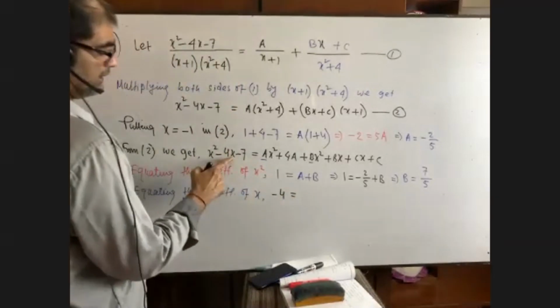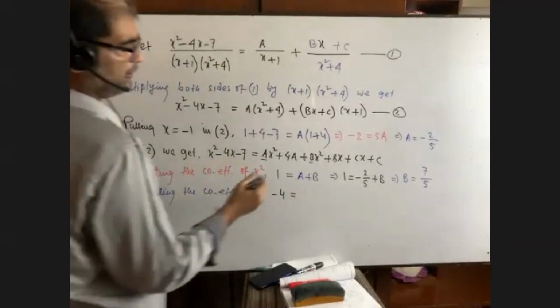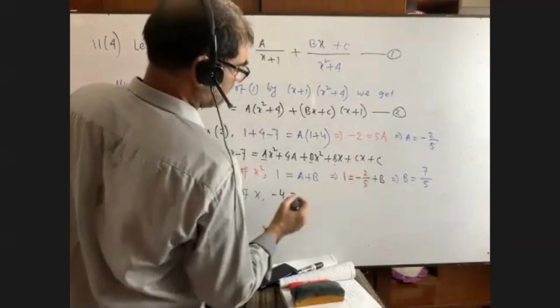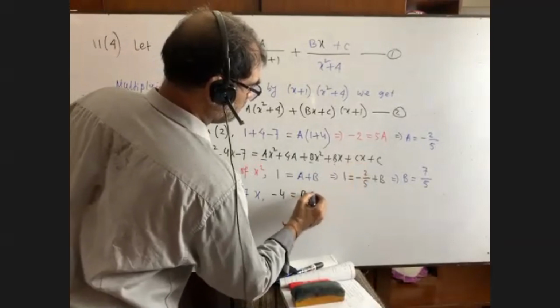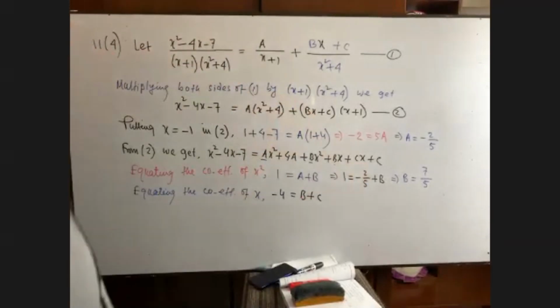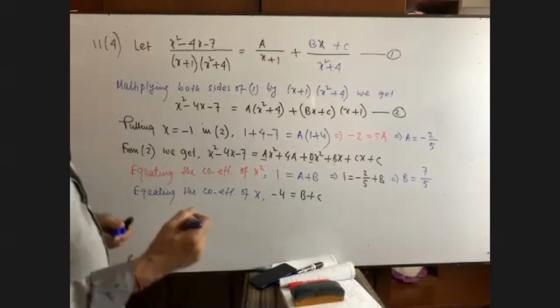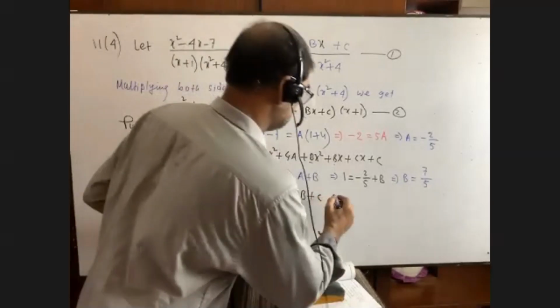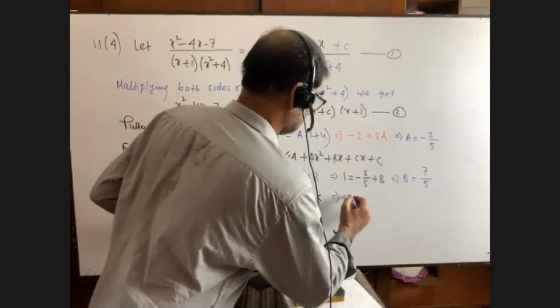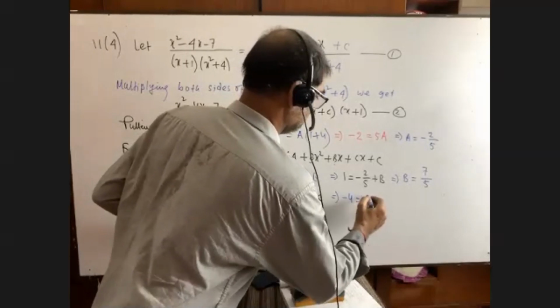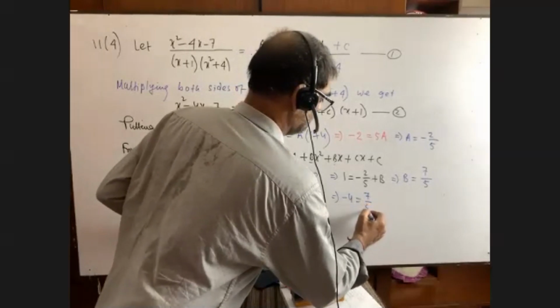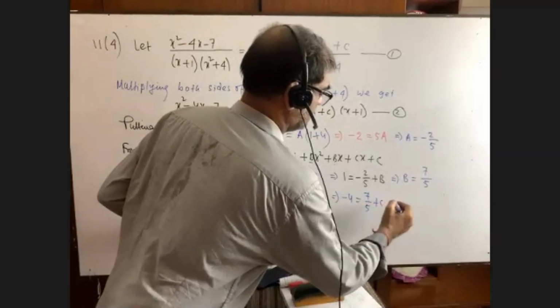Now here x, b plus c. Please try to understand. Now put the value of b as 7 by 5. We can write minus 4 is equal to 7 by 5 plus c.